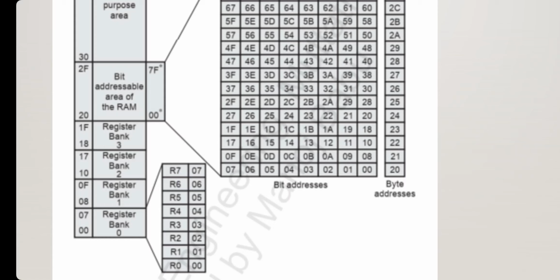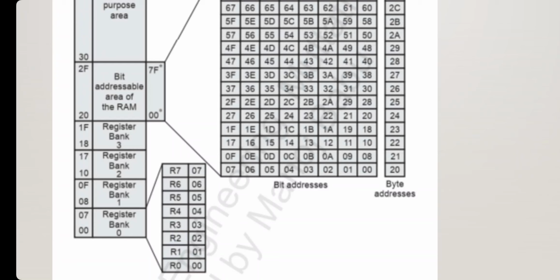R0 is 8 bit, R1 is 8 bit, R2 is 8 bit. These registers R0 to R7 are used in our 8051, and they are 8 bit in size. In total, we have a register bank of 8 byte size.